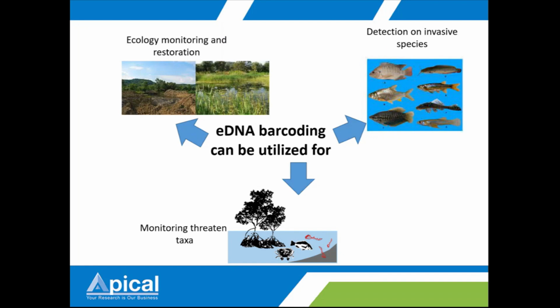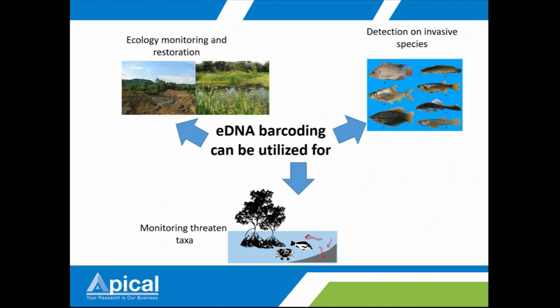Another use is the detection of invasive species. Currently in Malaysia, we have this issue of catfish, right? Catfish have invaded most of our Malaysian rivers and are widely disrupting our fish environment. So this method is useful to study not only the presence but also the abundance of this invasive species.